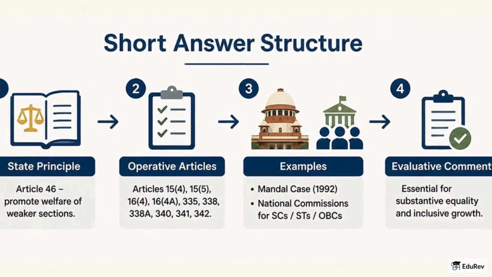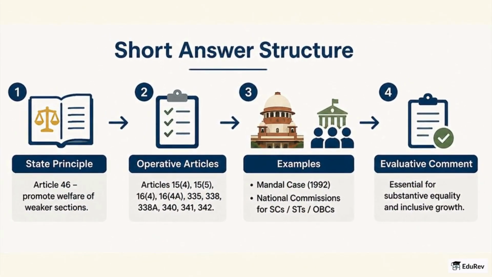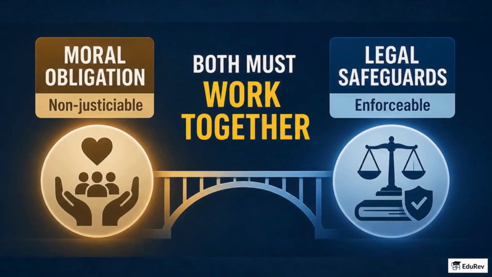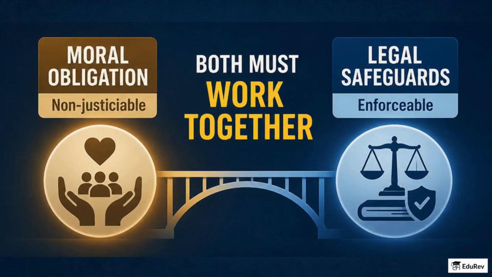A sample short answer structure could be: state the directive principle, list the operative articles, give one or two examples like Mandal or national commissions, and offer a brief evaluative comment. And towards the end, we will understand a key idea that most UPSC aspirants miss: the difference between non-justiciable moral obligation and enforceable legal safeguards, and how both must work together in practice.